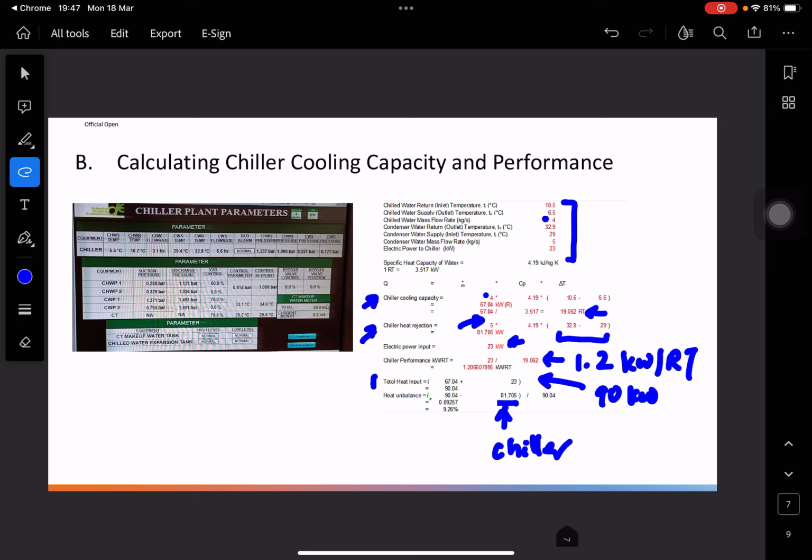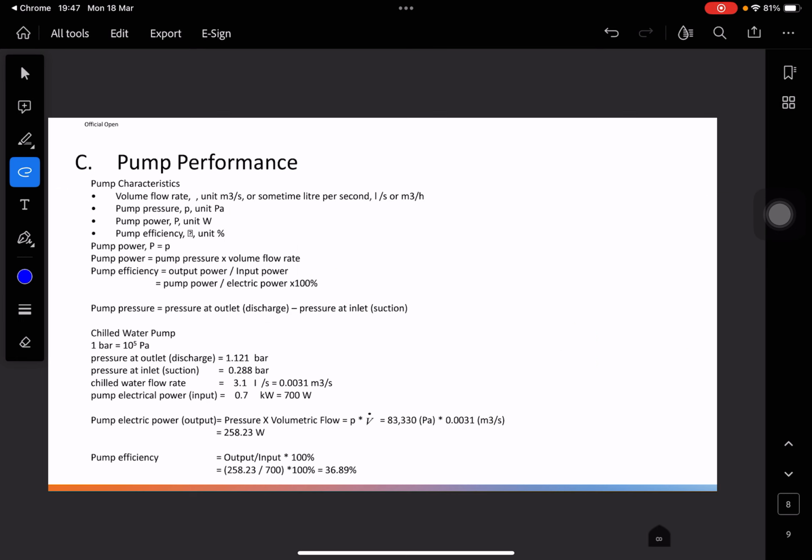So your input minus away your heat rejection divided by your total heat, right, will give you something called your heat unbalance. That's where the 9.26% comes from, right?